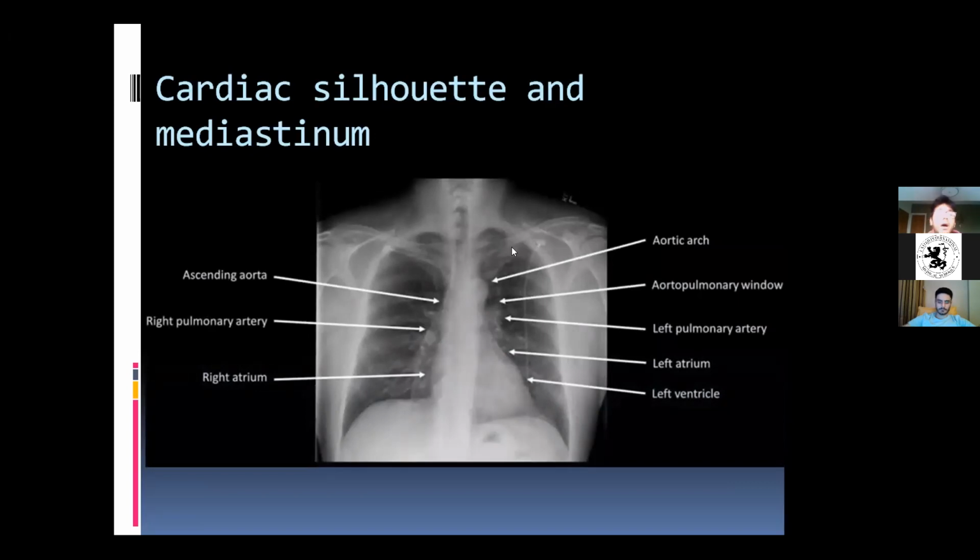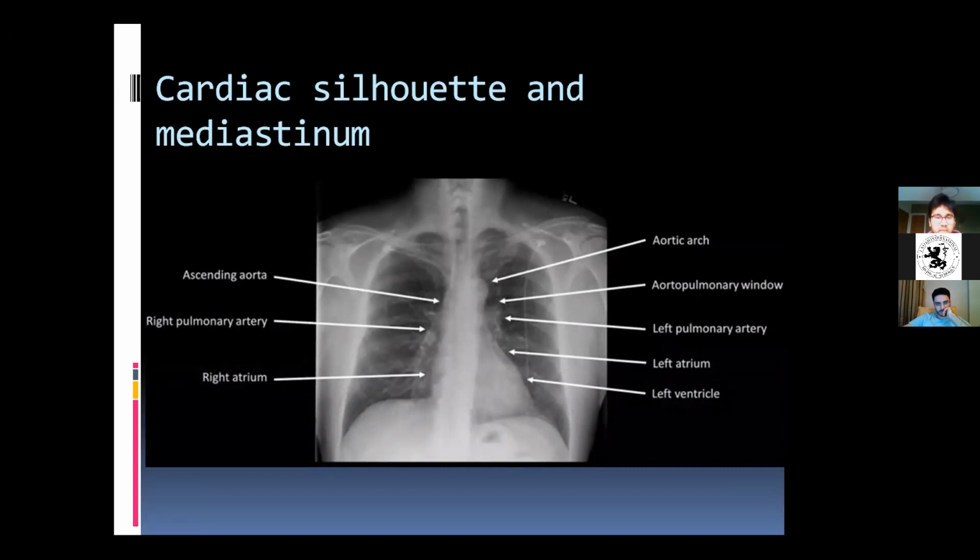There are certain landmarks that you need to be aware of, and these are them. This was covered in last week's topic, but these are the main features that you need to look for. And if there are any changes in these features, then you know that there is a pathology present.